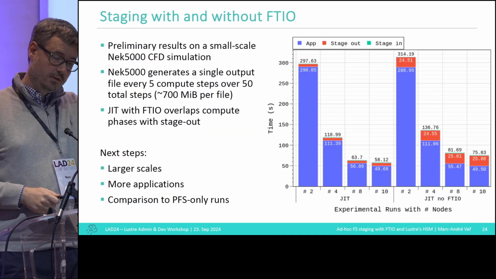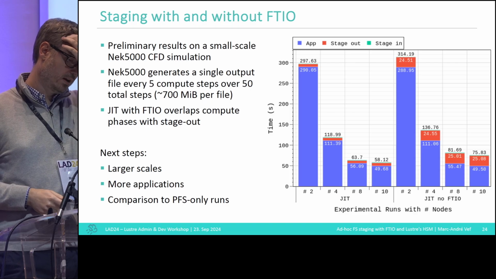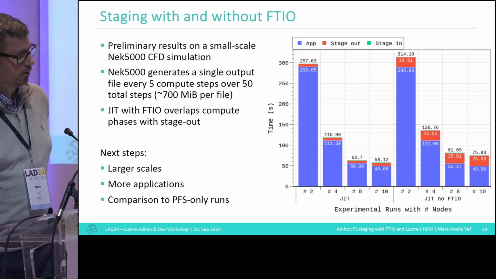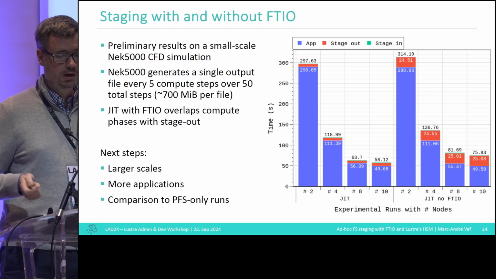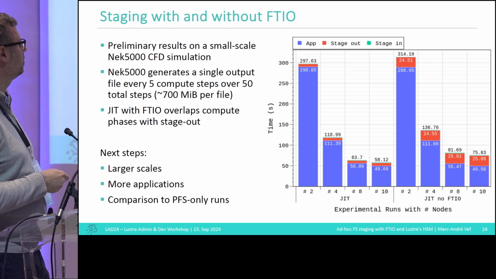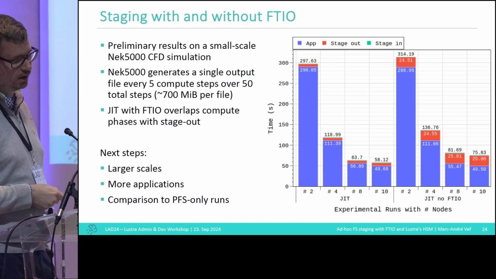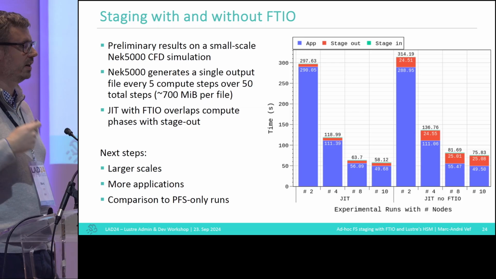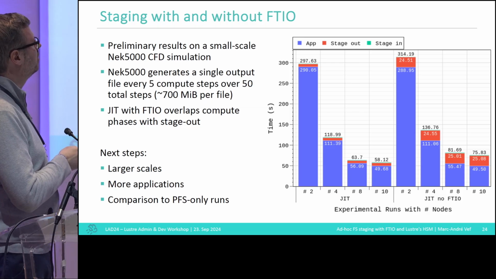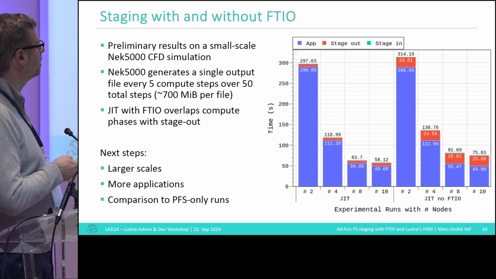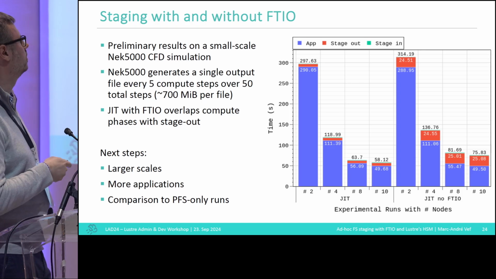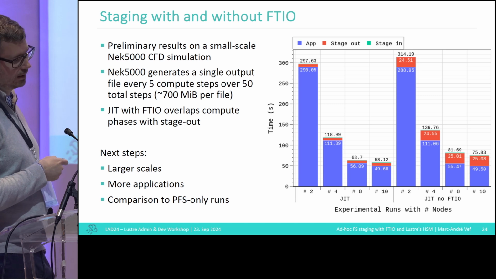And so these are also some preliminary results, this time on the Mogon cluster in Mainz. Again, NextFS 1000, same workload. And what we have here is, the four leftmost ones are with FTIO. The other one would be where you run the application and you stage out after. So you have a little bit more time that you need to stage out that information. And the important part here is that we seemingly have very little overhead, but this still needs to be investigated.